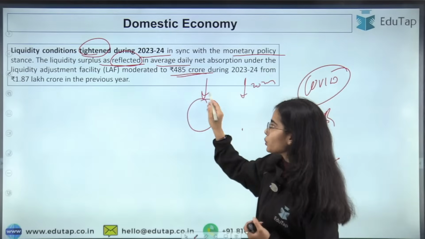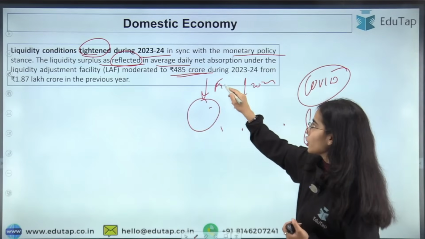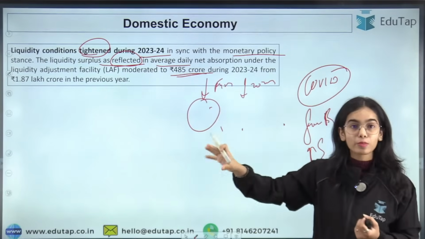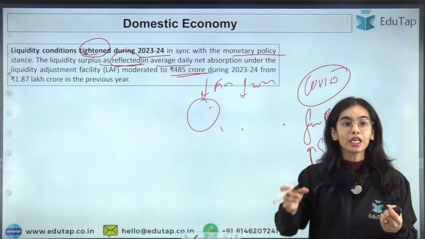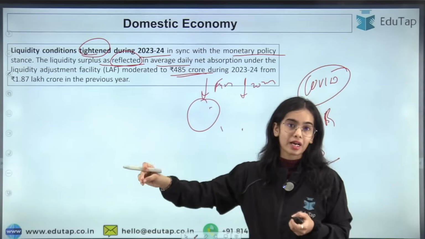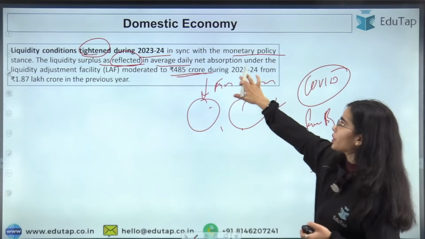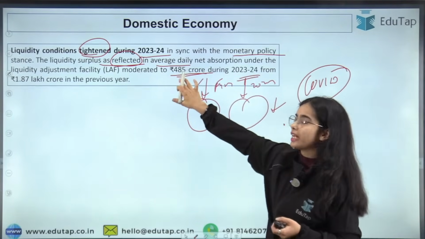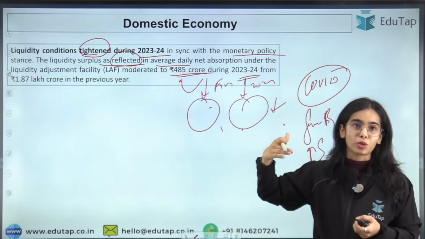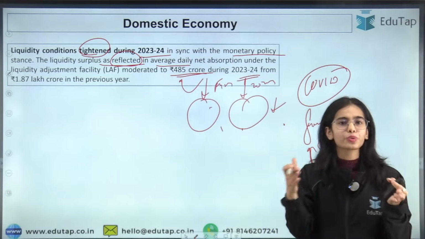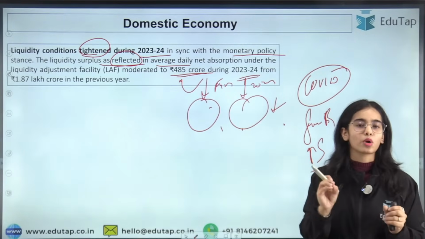In the financial year 2022-23, there was daily net absorption of the money supply of rupees 1.87 lakh crore, which has gone down. Daily net absorption in 2023-24 was only 485 crore, because already in 2022-23 there was a lot of absorption that had happened.